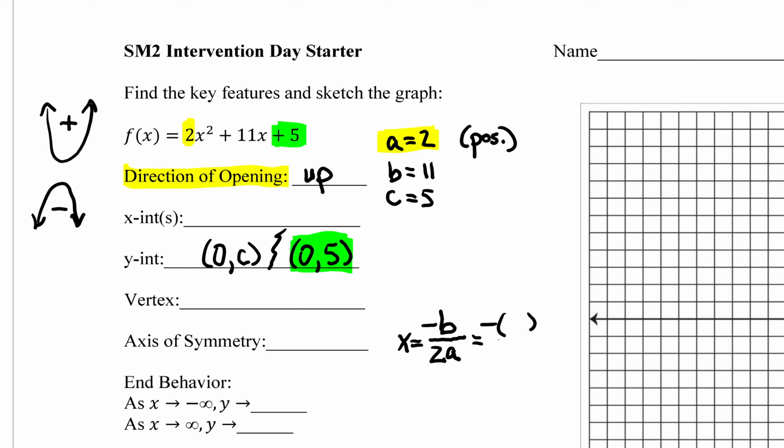B is 11 and A is 2. And so what I've got as a result is negative 11 on the top and 2 times 2, 4 on the bottom. Just do that division.